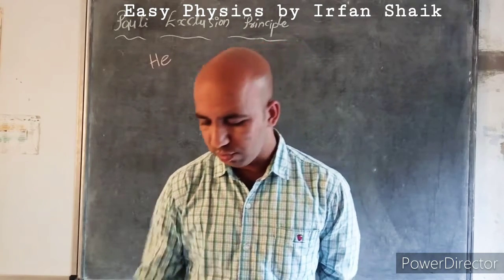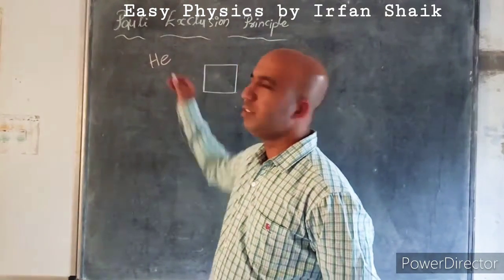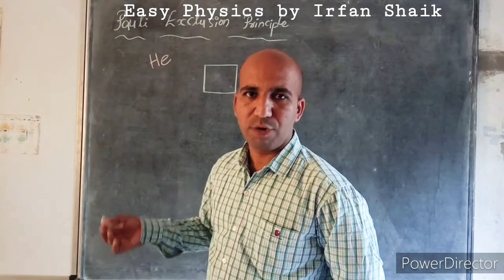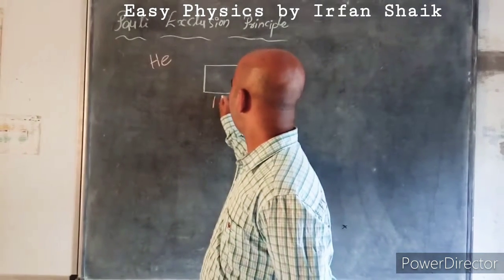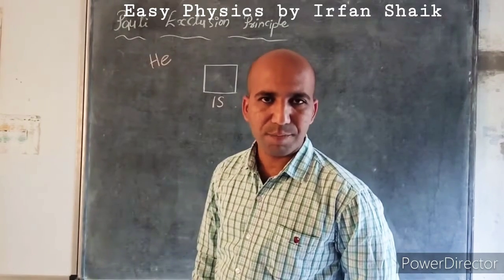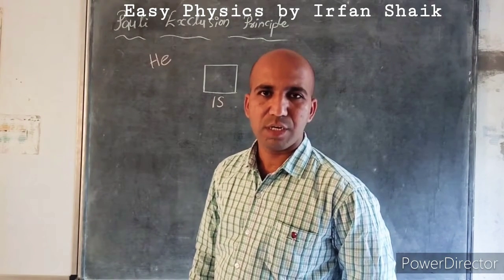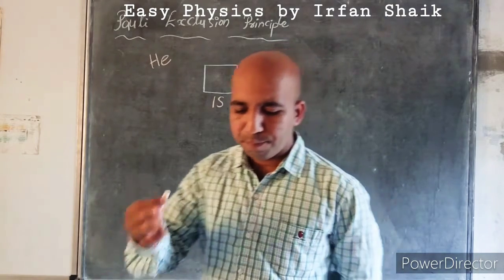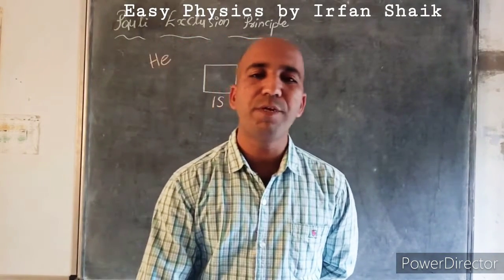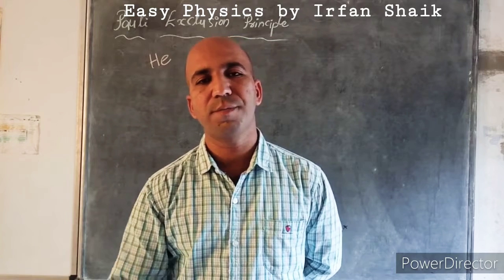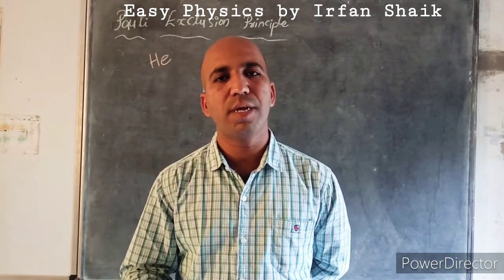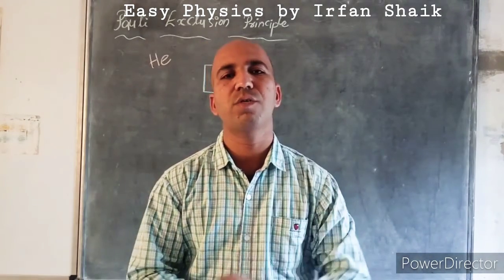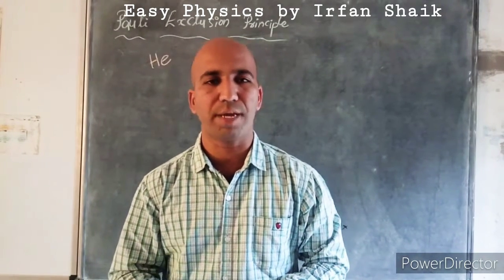Helium has only one shell, the 1s shell. While discussing the spin quantum number, we discussed that electrons can move in 2 possible directions.